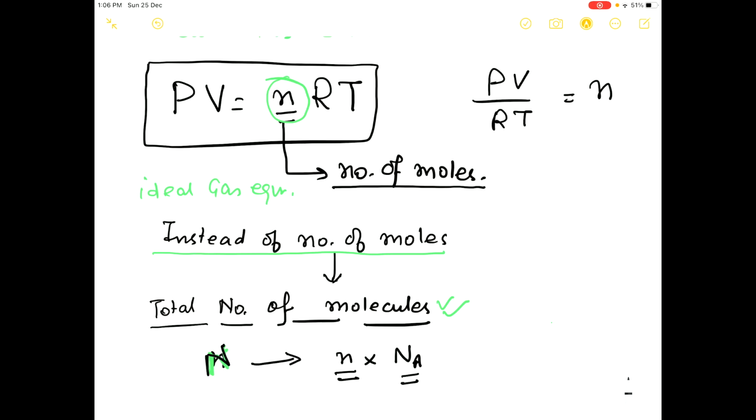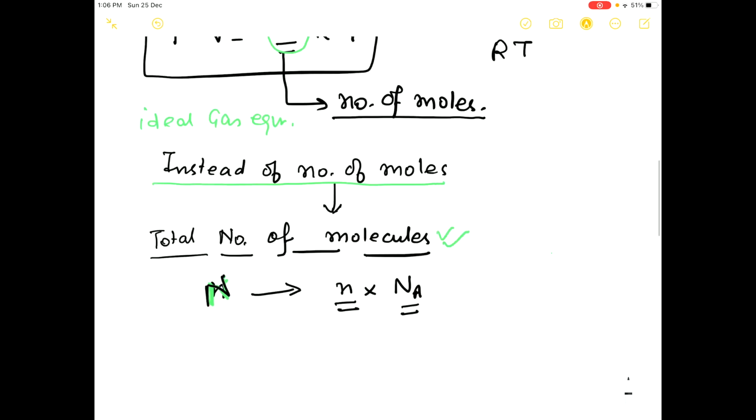So number of molecules in n moles will be n into Na.